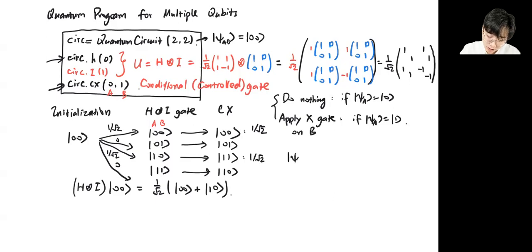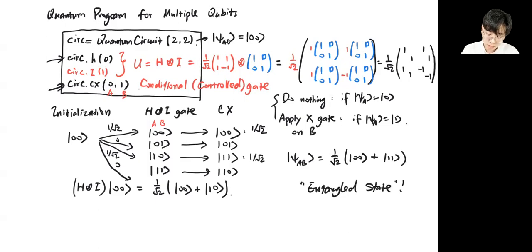So the final state, psi AB, after our controlled CX gate, is 1 over root 2, 0, 0, plus 1, 1. Notice that this is the entangled state. This is why sometimes conditionals or control gates are also called entangling gate.